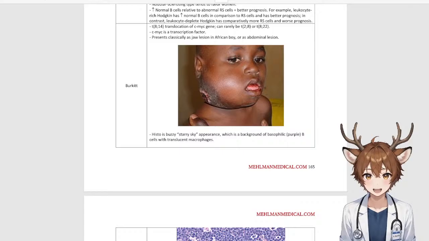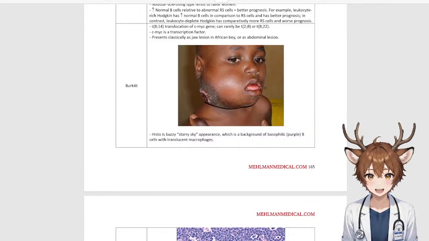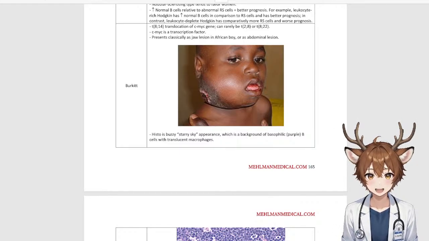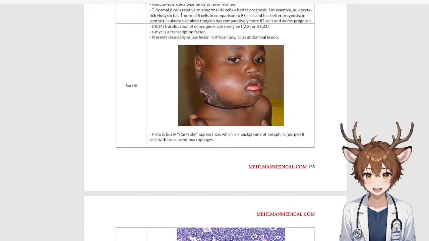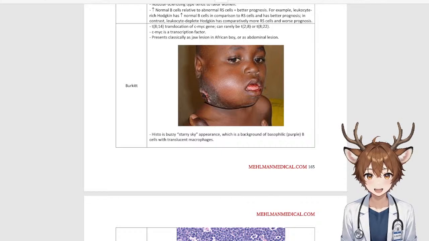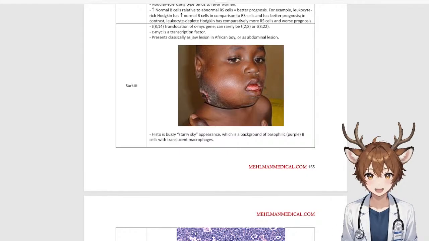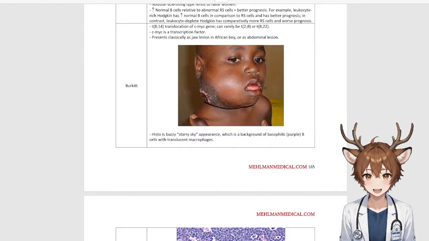It says here that it's endemic to equatorial Africa, not North Africa. Here's a little detour. When I was taking a course, they indicated that Burkitt lymphoma is characteristic of North African children. Well, North Africans are not the same thing as equatorial Africans. Pretty famously, that's not the same thing. So I guess I was taught wrong.